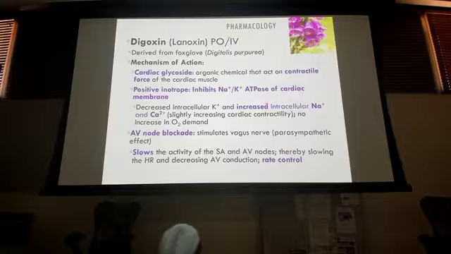So that's where you see increased intracellular sodium and calcium. That's because there's another exchanger, and that's an indirect effect that is happening from digoxin blocking your sodium and potassium ATPase, okay? So this happens, and then you see an increase in your sodium and calcium on the inside.